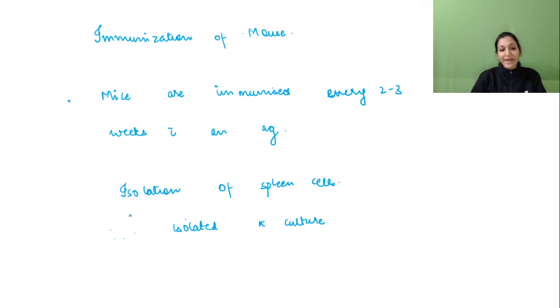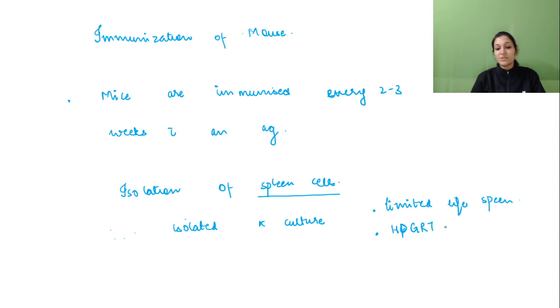So what are the characteristics of spleen cells? When we are saying spleen cells, what are the characters? They have a limited lifespan. After some time they are going to die. After that, there is an enzyme called HGPRT.